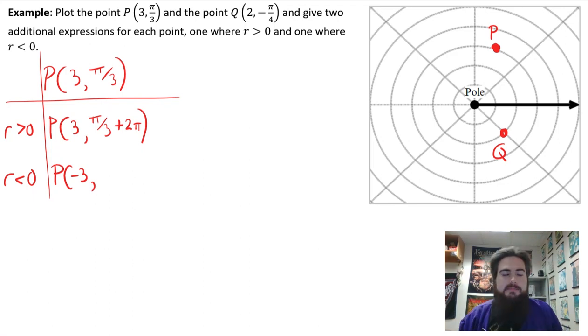However, I can't just keep the same angle measure pi over 3, because negative 3 at pi thirds would mean turn towards pi thirds and then walk backwards a distance of 3, which would push us into quadrant 3. So not in the same place.